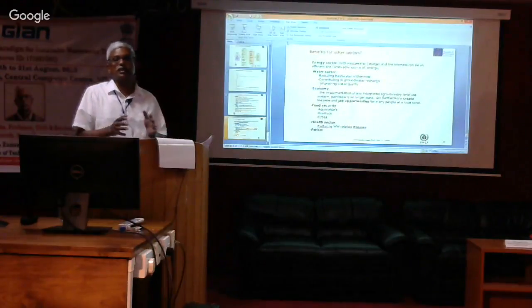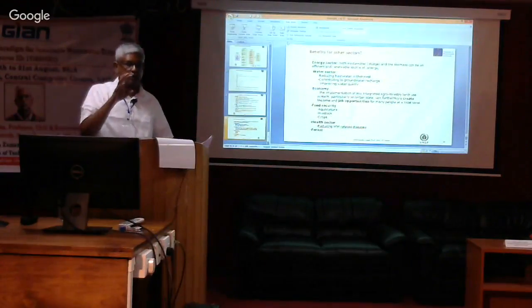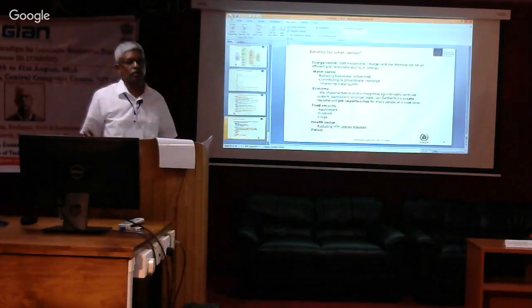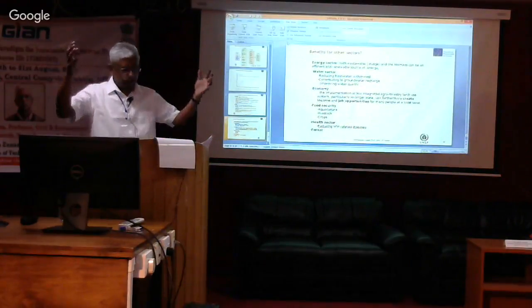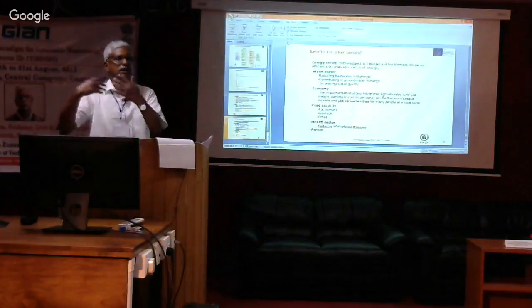So when we say decentralized, it's the whole slew, but the fact remains that it is treatment at the source, whereas centralized means collect, bring it to a central facility and treat it.